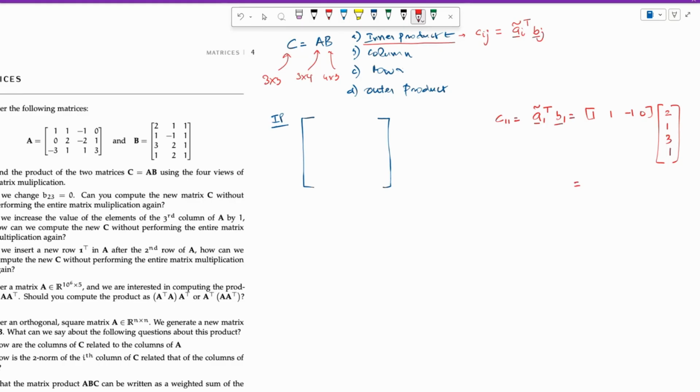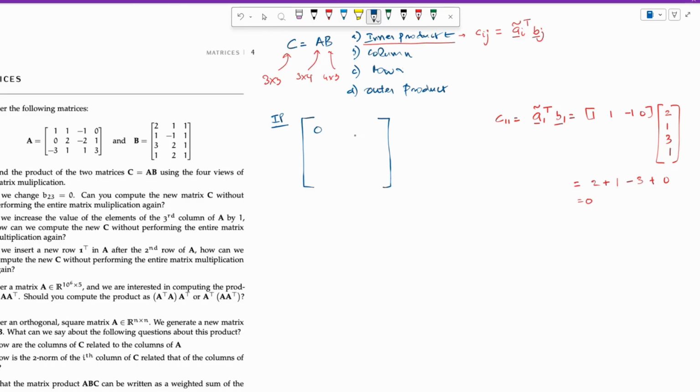What is the inner product? 2 plus 1 minus 3 plus 0. Plus 1, sorry, that's wrong. 2, 1, minus 3, 0. Okay, so the first element of the C matrix is 0.